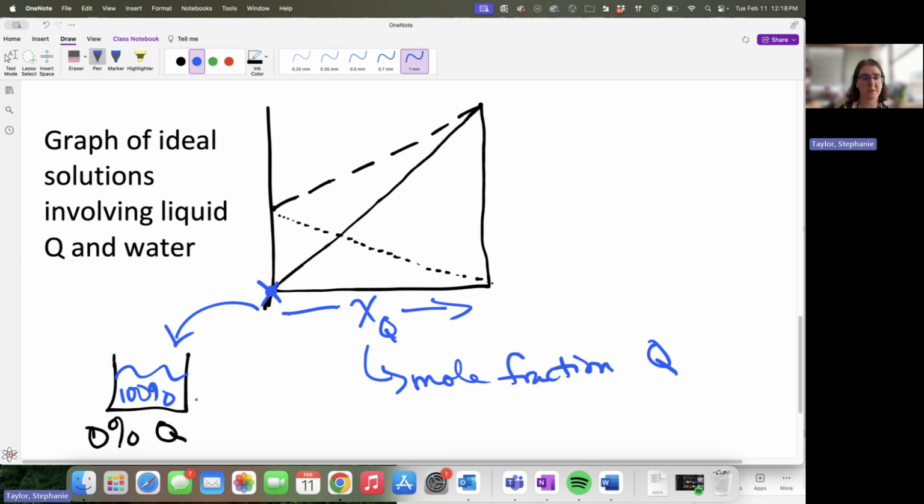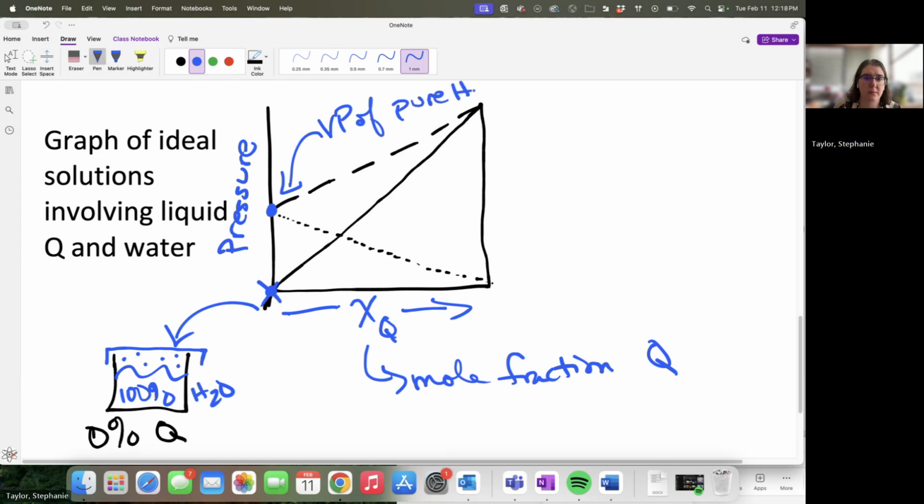So for this solution that is 100% water, we measure the vapor pressure. So this y-axis is supposed to be pressure. So that means that this point on the graph that touches this y-axis is in fact the vapor pressure of pure water.